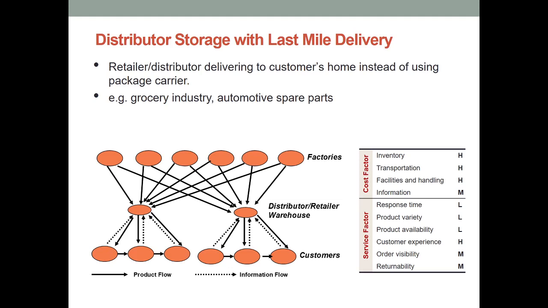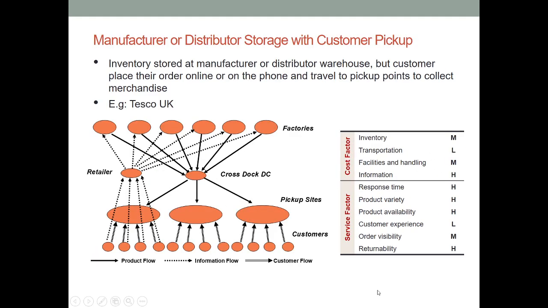So this is suitable for relatively fast moving items that are needed quickly, because the customer can go straight away to the nearest retailer or distributor to get the product. Next, this is the indicator for the cost and service factor.